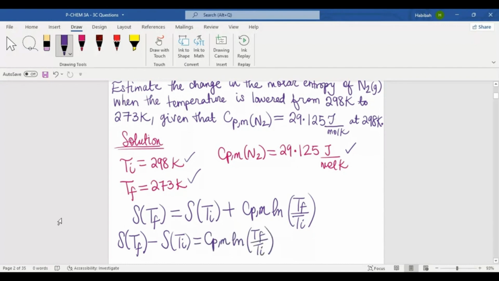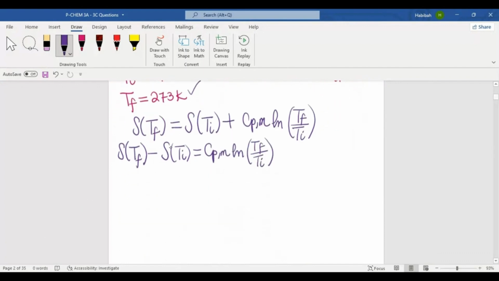So that's basically how your change in molar entropy is done. So change in S is equal to Cp,m for N2 gas, ln T final divided by T initial.